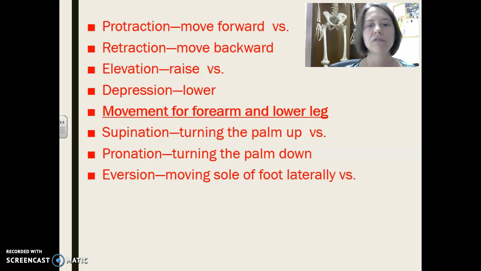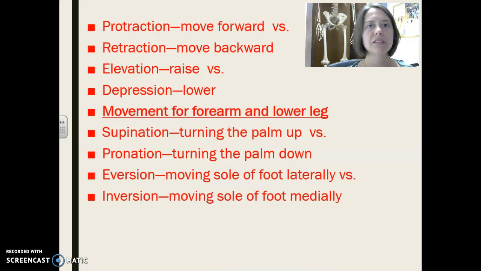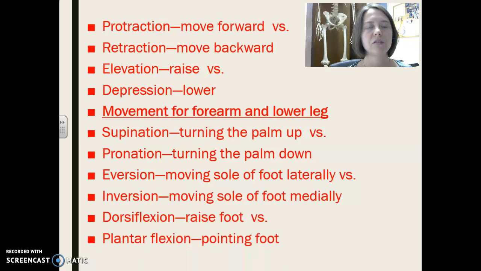And then for the foot, eversion is moving the sole of the foot laterally, outside, and the opposite is inversion, moving the sole medially or inside. And then also special terms for the foot: dorsiflexion means you raise the foot, raise the toes, and plantar flexion means to point the toes, point the foot.